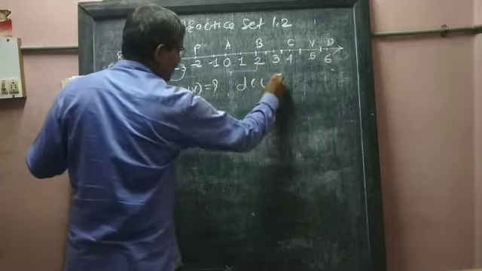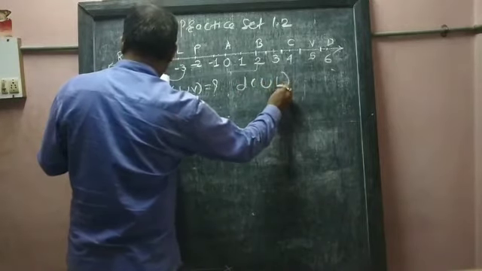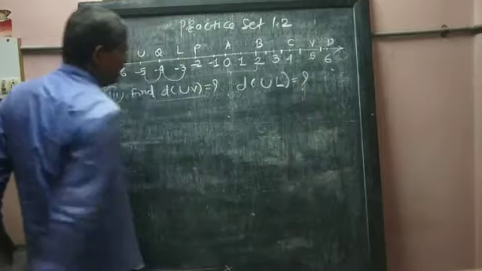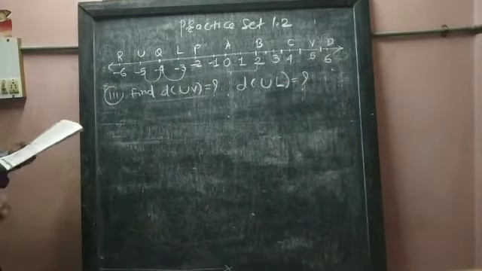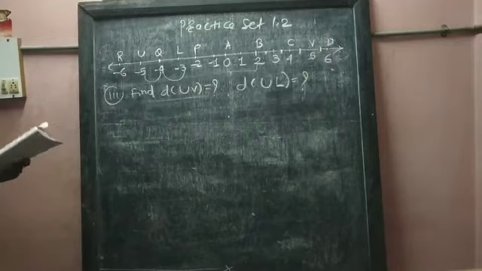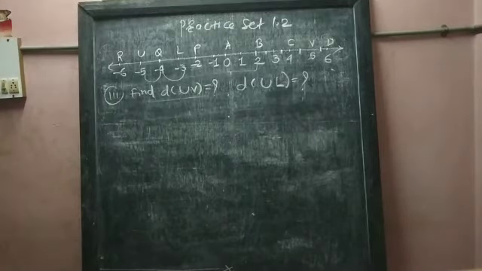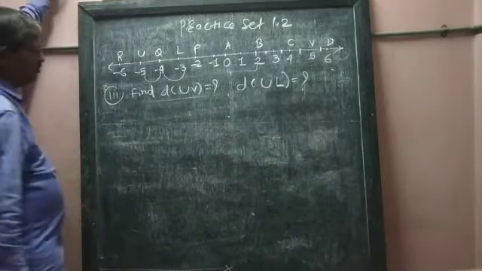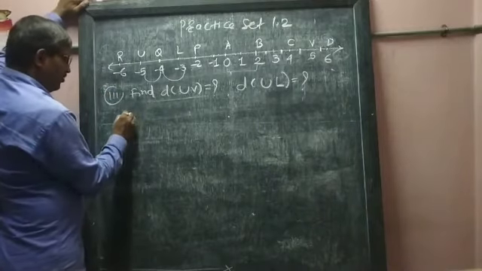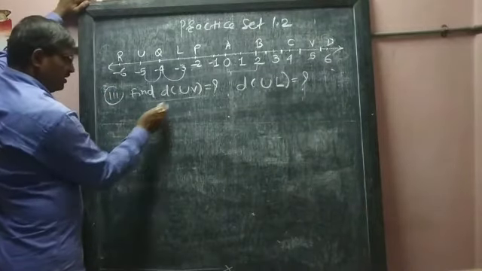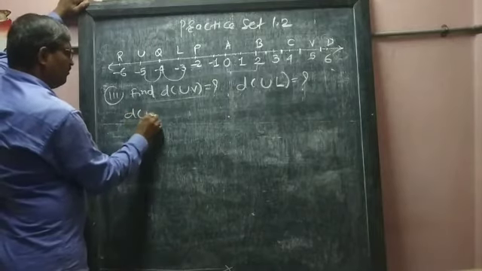I am going to solve these 2 questions only. The middle ones, PC and VB, these 2 distances, I am giving you as a homework. Now I am going to solve, find distance of UV.